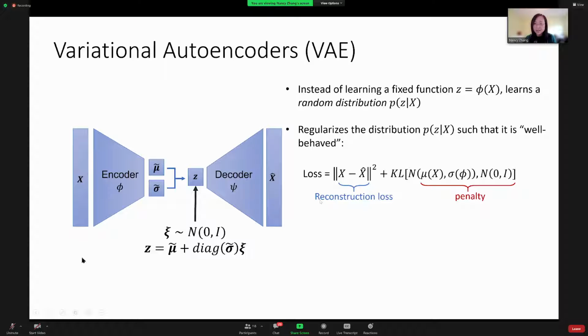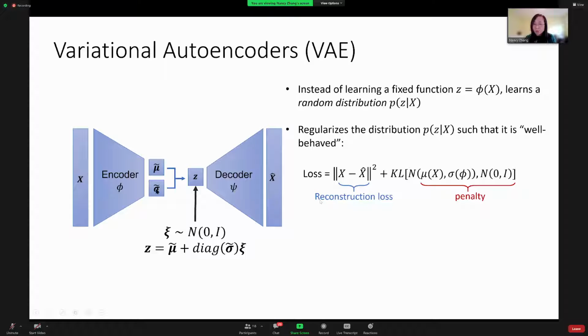So the loss function has this reconstruction loss, which is what we had in the previous slide, how well X hat approximates X. But it also has this KL divergence term that compares your conditional distribution of Z given X, which we assume is normal, because what we do is we sample a normal zero, identity, epsilon vector, and then we just have Z equal to mu plus diagonal sigma times epsilon.